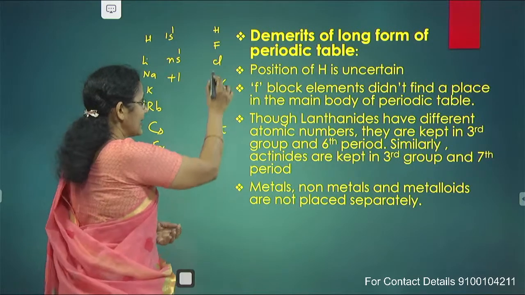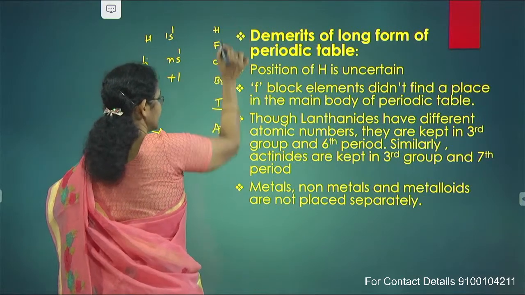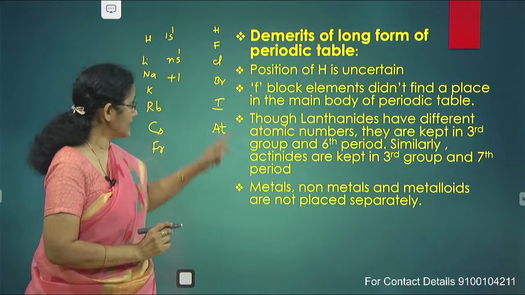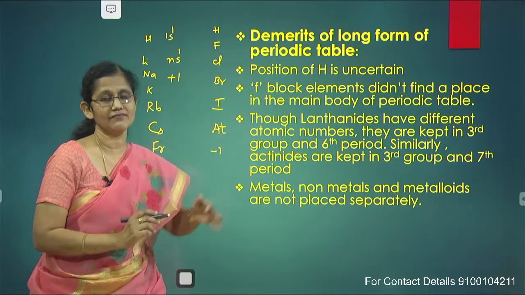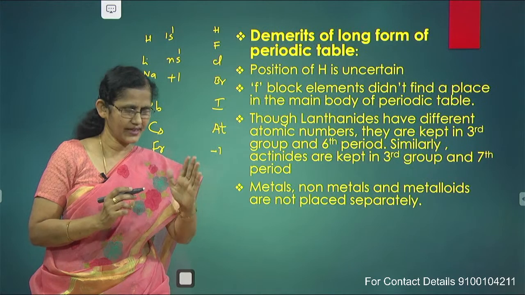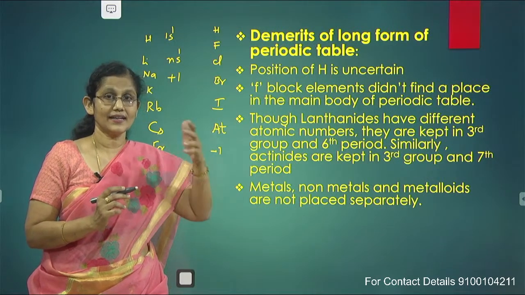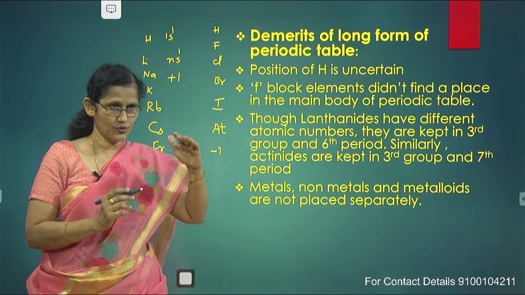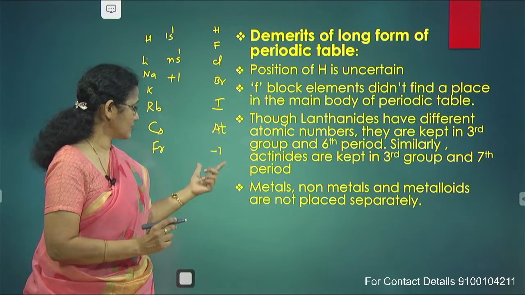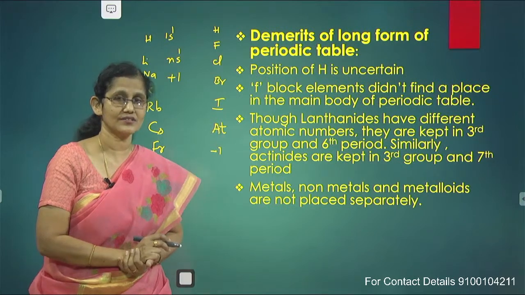So they can gain one electron, they can show -1 oxidation state. Hydrogen also can gain one electron, especially when hydrogen combines with first and second group elements. Due to higher electronegativity, hydrogen shows -1 state. So just like halogens, hydrogen can show -1 oxidation state.